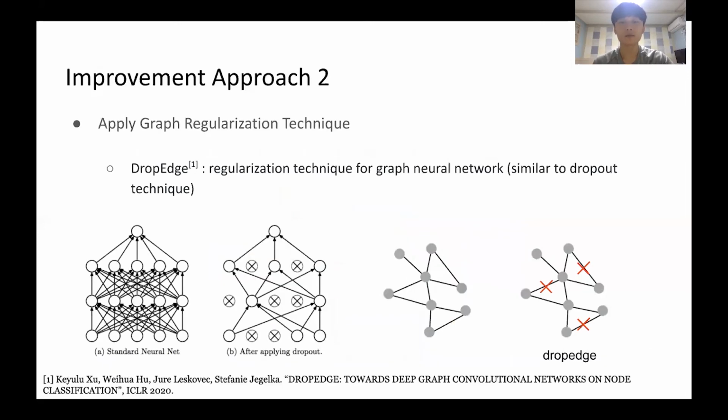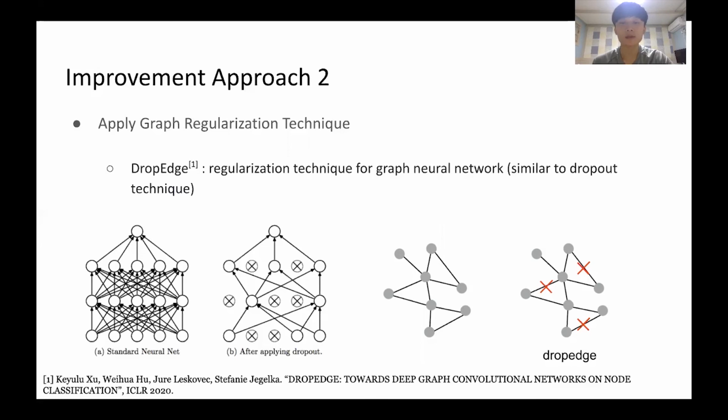Next, we add some graph regularization techniques to improve GeniePath's performance. It has been reported at ICLR 2020 that dropping the edges of a graph randomly, like the dropout technique in general neural networks, prevents overfitting and improves performance.